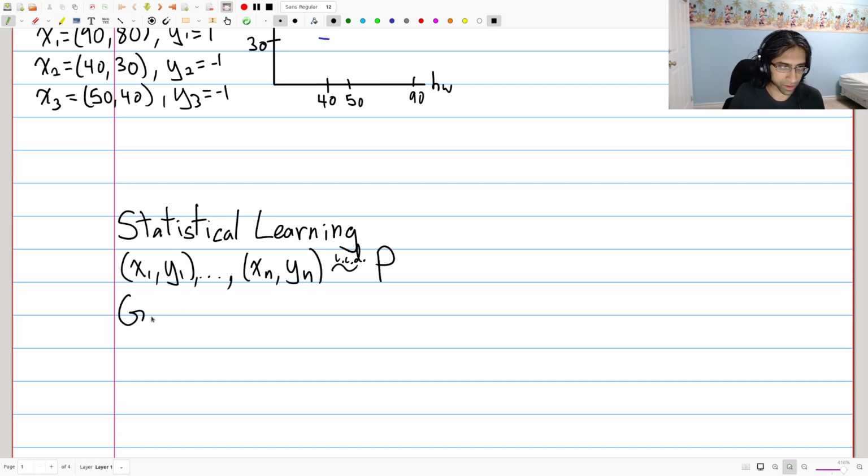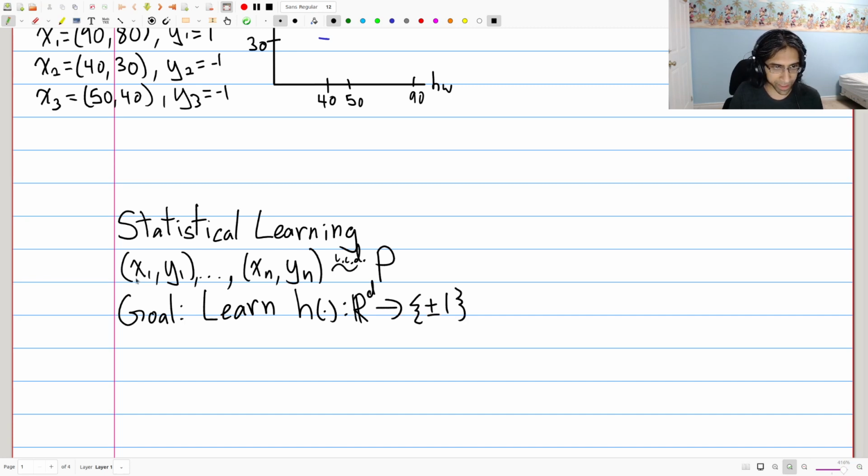The goal is to learn some function h. h is a function which takes points in R^d and maps them to plus or minus 1. That is, it'll take in a feature vector x and map it to a label plus or minus 1.